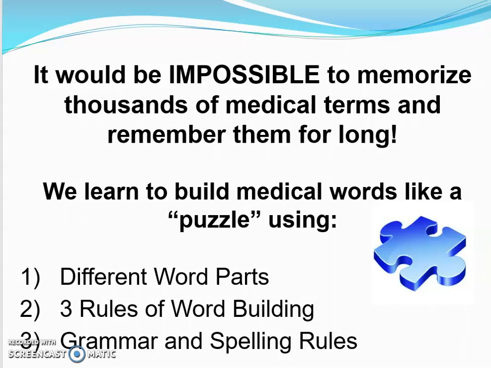So the best way to approach medical terminology, which as I said before is learning a language, is learning the word parts, learning the 3 rules of how you build words, and then using that grammar and the spelling rules in order to assemble words. So what I'm going to do in this course is teach you the different pieces you need. The slide here uses a puzzle analogy. I prefer the Lego analogy. So if you're a Legos fan, great. If not, my apologies. But it works the same way. We're going to assemble things in the way they go.